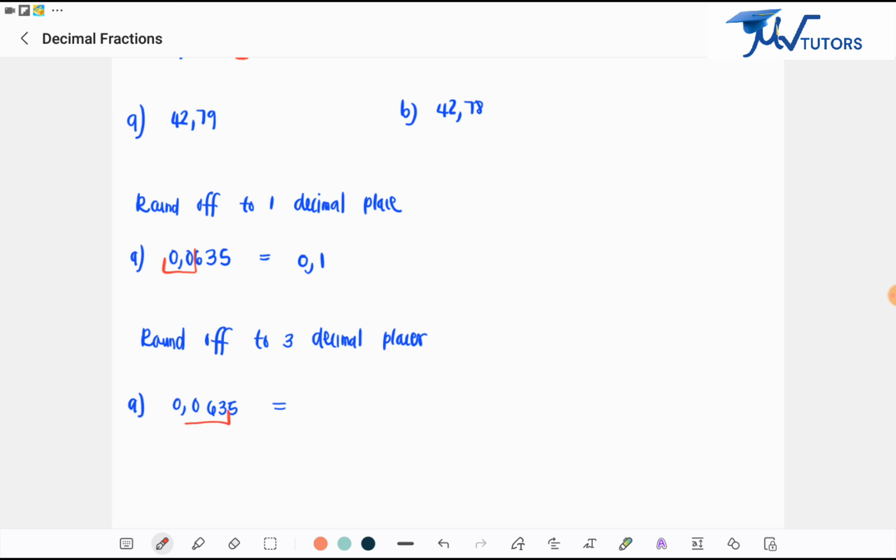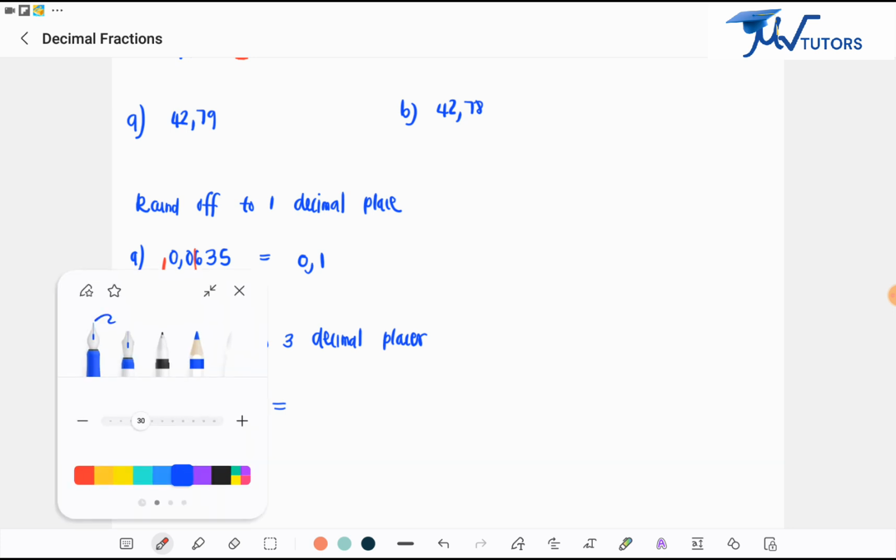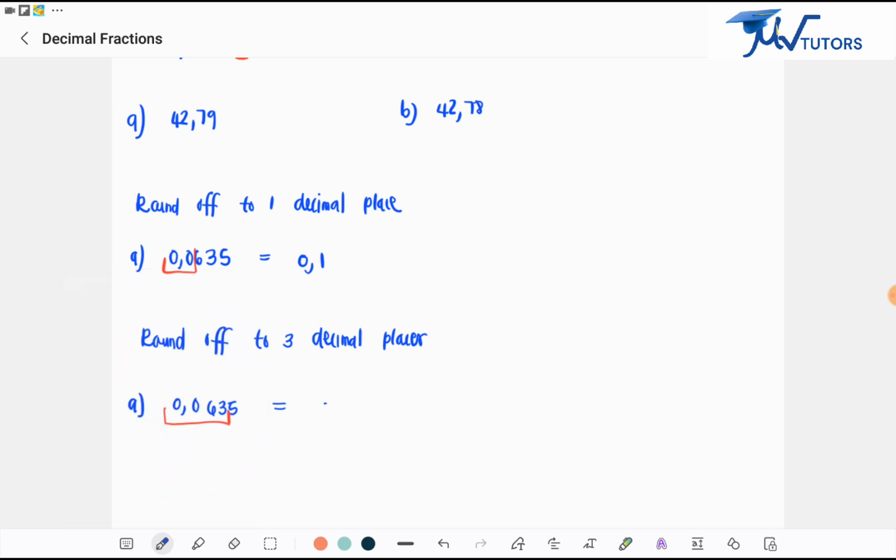So basically, I need to look at the number next to 3. Is it 5 or higher? Yes, it is. So we're going to then write 0,064. So we have 3 numbers after the decimal comma, hence 3 decimal places. All right, I hope you understand that and you get it.